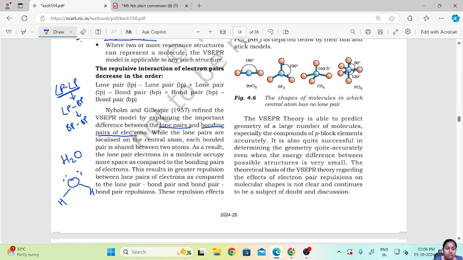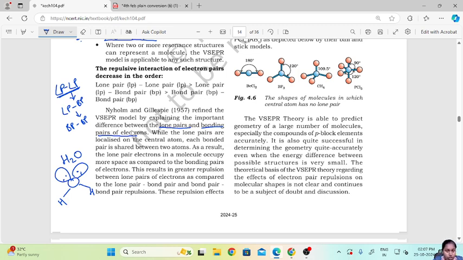Now this results in greater repulsion between lone pairs of electrons as compared to lone pair, bond pair and bond pair, bond pair repulsion. There will be more repulsion between these lone pairs, because both are negatively charged. As you know, like charges repel each other.